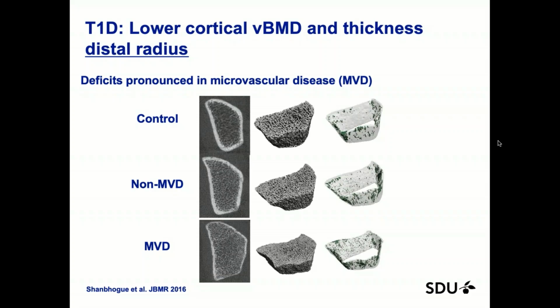And he then looked at whether there were any differences between the patients with diabetes, and observed that microvascular disease associated with a pronounced deficit in particular the cortical bone, cortical porosity, that is something you can see in these green dots down below.